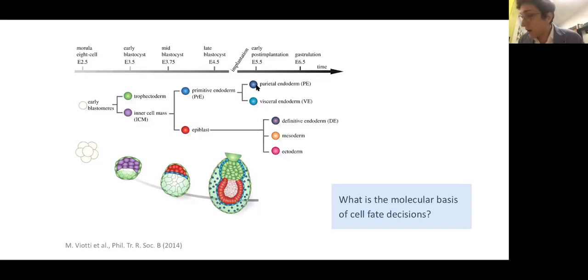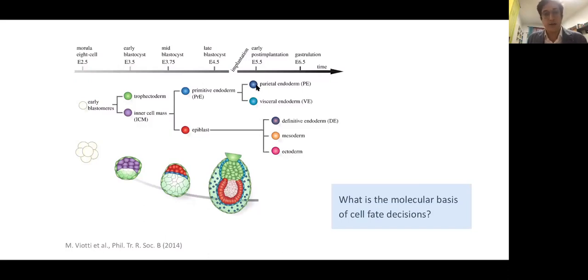Now, if you ever face genomic data, you will always find this E2.5, E3.5 that I'm highlighting now. This means 2.5, 3.5 days after fertilization.